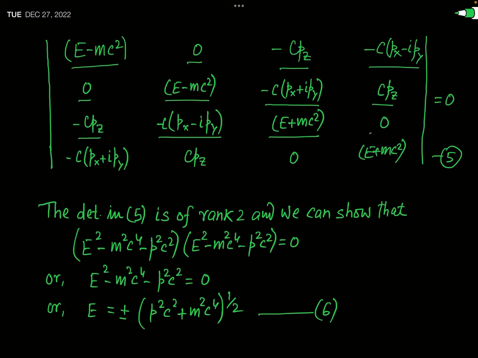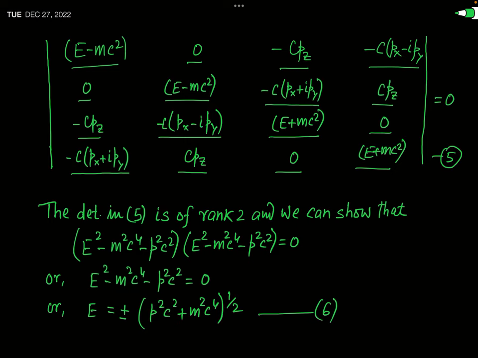So the coefficient of u4 we will write 0. And in a similar manner, you can see the fourth equation, that is equation number 4D, where you will find that the coefficient of u1 is minus c times px plus ipy, the coefficient of u2 is cpz, that of u3 is 0, and the coefficient of u4 is E plus mc square.